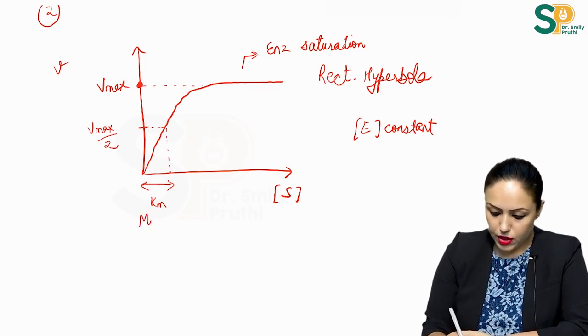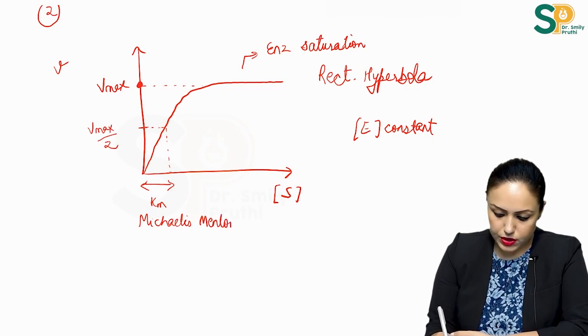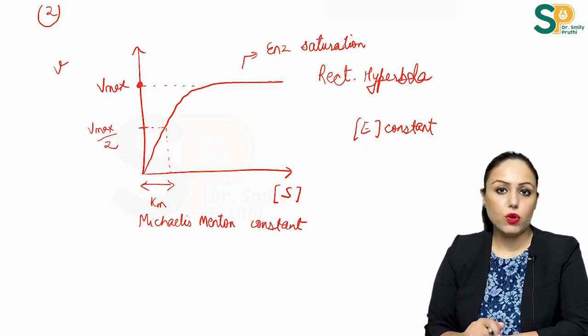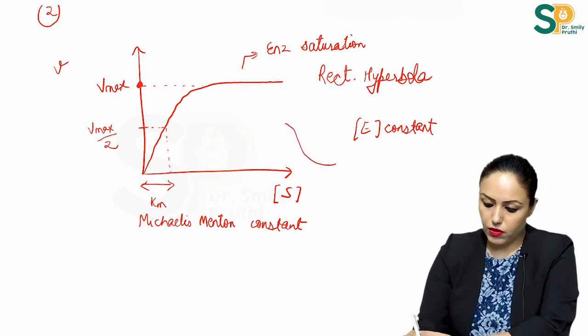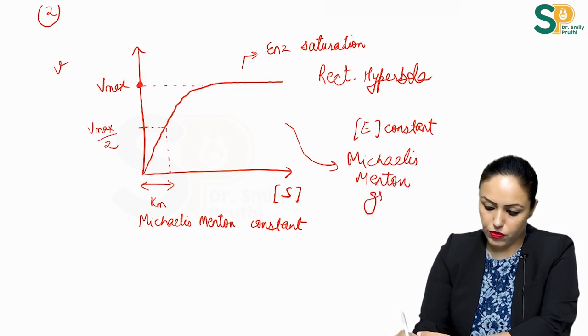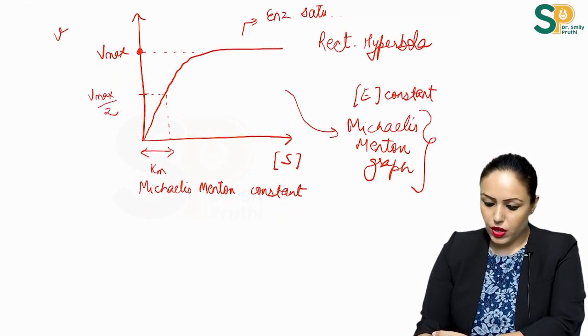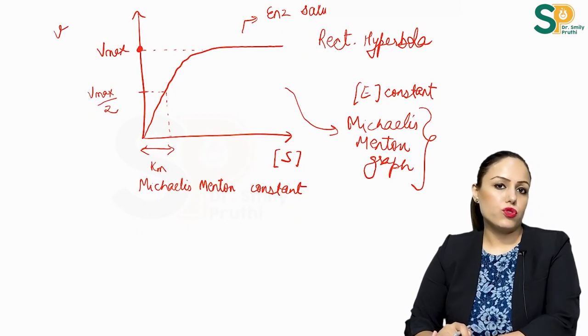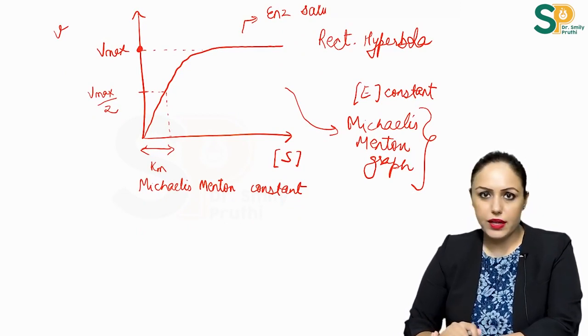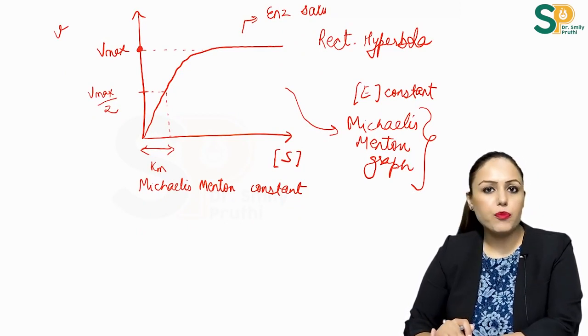What is Km? Km is the Michaelis-Menten constant. This graph is known as the Michaelis-Menten graph or Michaelis-Menten kinetics, right? So the graph between velocity and substrate concentration is the Michaelis-Menten graph, a rectangular hyperbola graph.